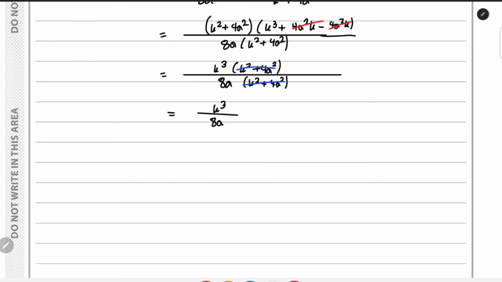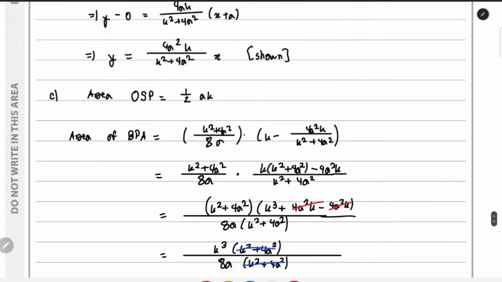Now if I want to find the ratio of the areas, area of BPA divided by area of OSP, I'll have k cube by 8a divided by half ak.